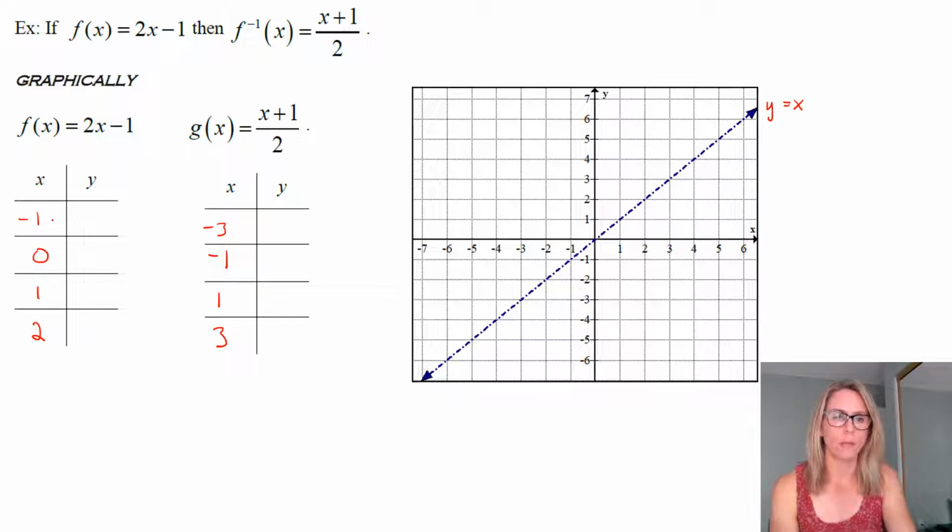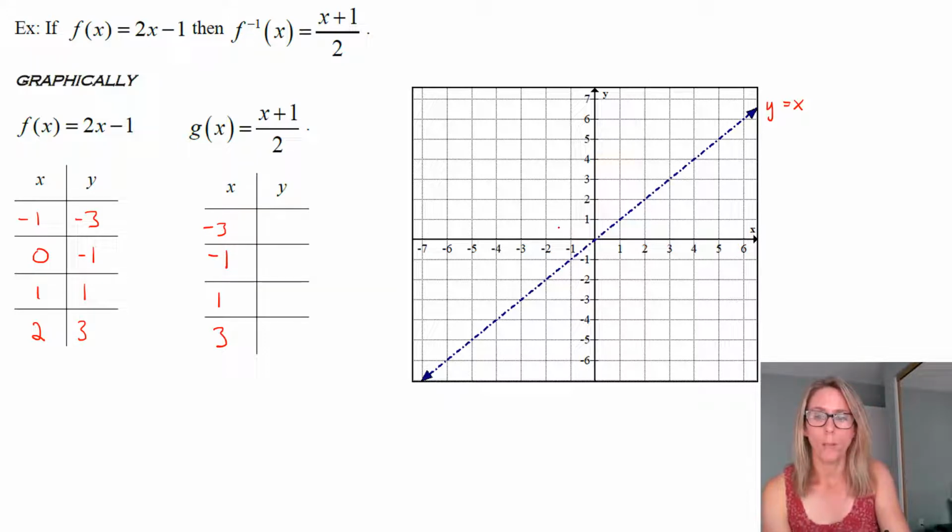If we plug in these values for x over here, it looks like we will have this. Let me put those on here. Both of these are lines, which is a good thing to remember.